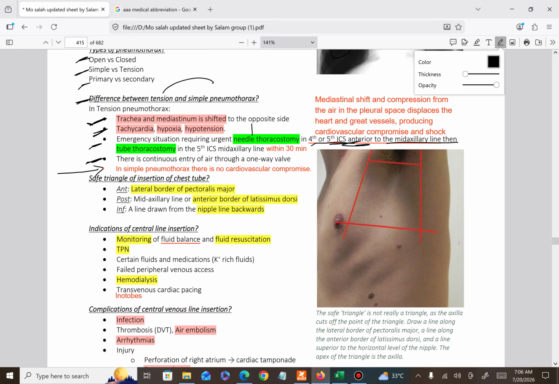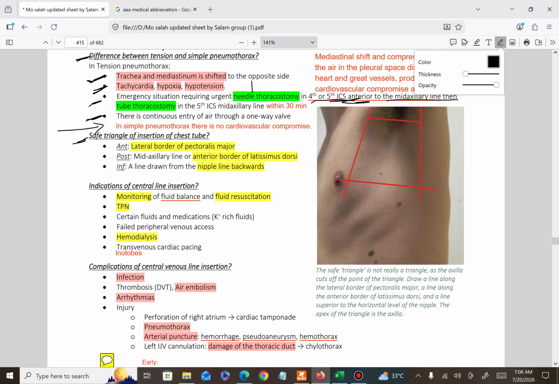Then safe triangle of insertion of chest tube. Okay, so we will discuss the boundaries of the safe triangle for the insertion of the chest tube. Anteriorly, the safe triangle is bounded by the lateral border of the pectoralis major muscle.